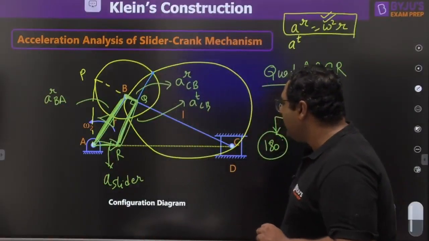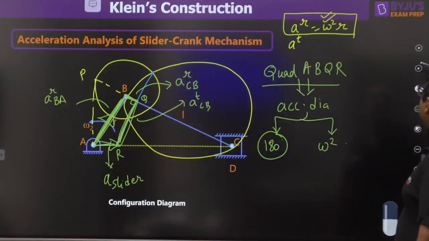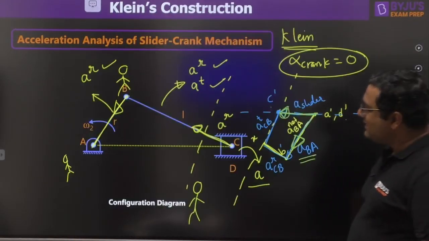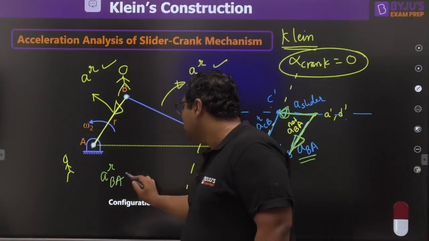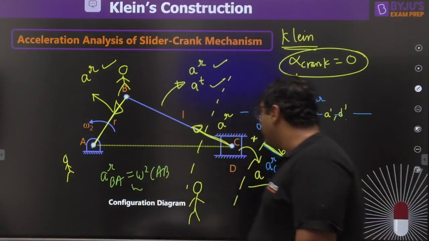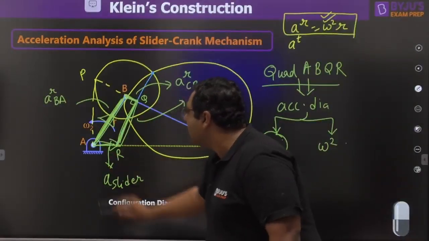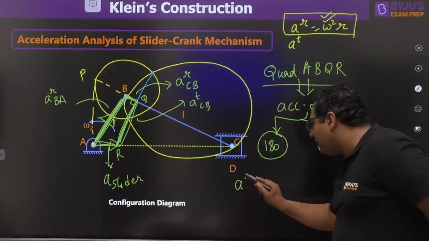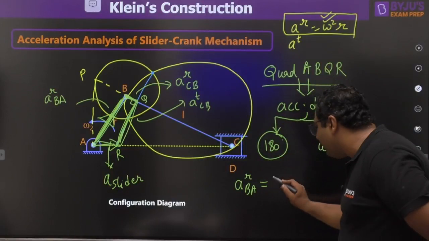Second thing, my dear, here you are saying radial acceleration to be AB, but in reality the radial acceleration of B with respect to A is omega square AB. In Klein's construction you are showing it by AB. So to write the radial acceleration of B with respect to A, you need to multiply AB by omega square.